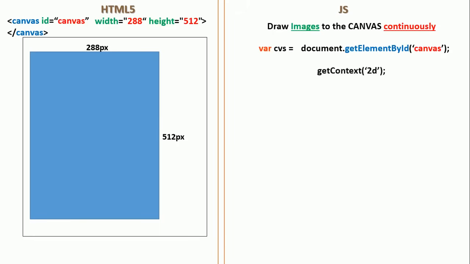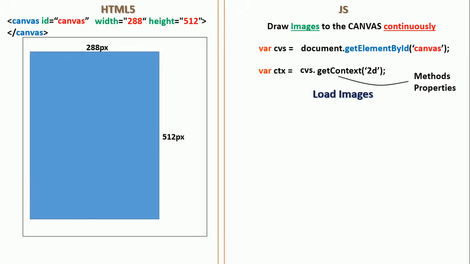Then using getContext, which gives us a lot of methods and properties that give us access to write or draw anything we want on the canvas, we'll get the context of our canvas, and we set that to a variable called ctx, so we won't have to write the line again.